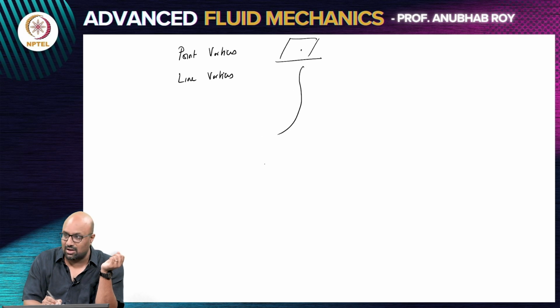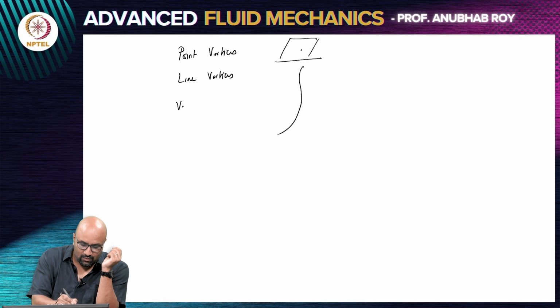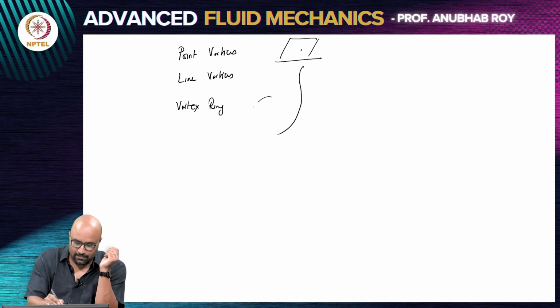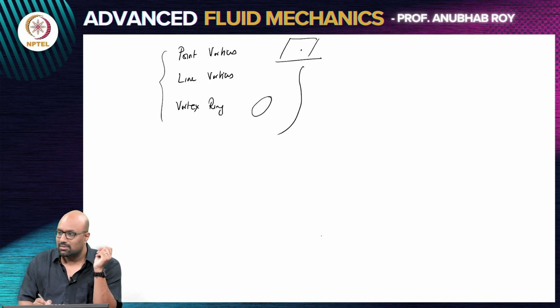The vorticity is a singularity, but it exists on a curve in space. And we said that this curve can either go from infinity to infinity, or end on a solid surface, or it can close, in which case it is going to be a ring. You can have more complex three-dimensional structures of vorticity, but these are reasonable things for you to be familiar with, in terms of how vorticity distributions are and how you study them.